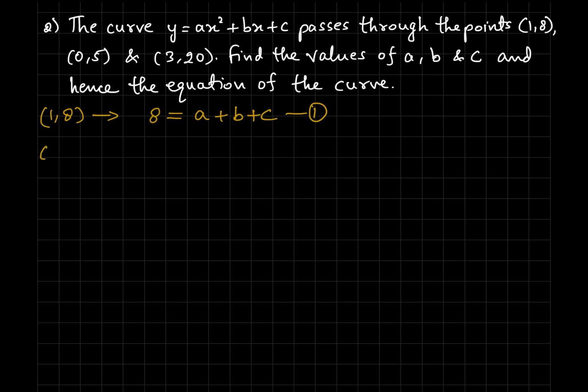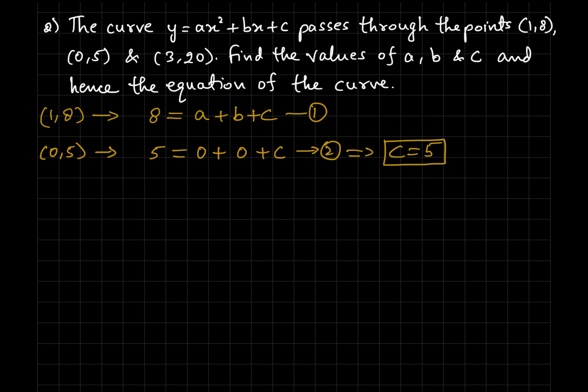Now substituting (0, 5) in the curve. So y is 5, so 5 equals a times 0, so it would be 0 only, plus b times 0 would be 0, plus c. So this will give me directly c value, which is c is equal to 5. So we got one value.